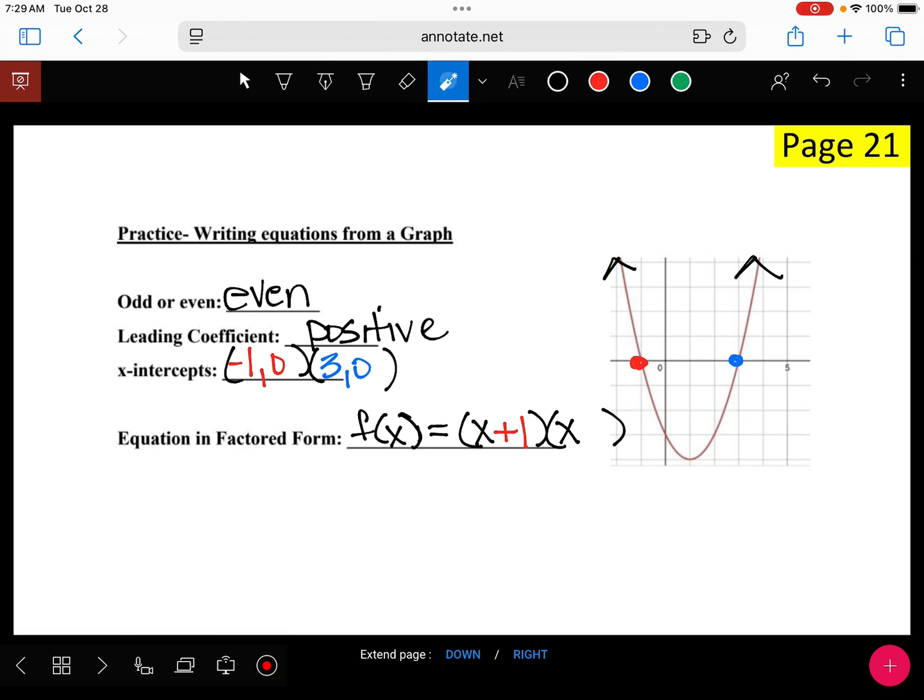And then what about this +3? What goes here? -3. Now, only when there's a negative leading coefficient, you have to add a number right here. You don't have to do that for this one because it's positive. Any questions? All right, let's go to our next one.